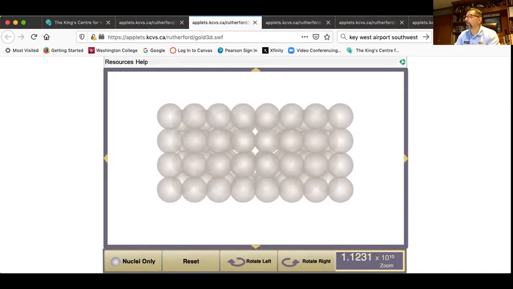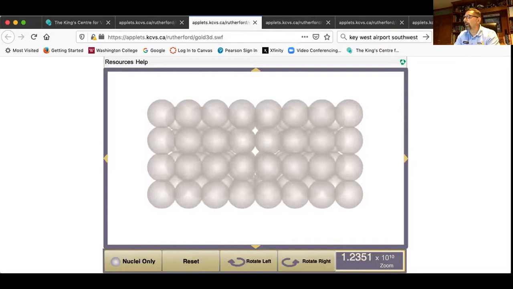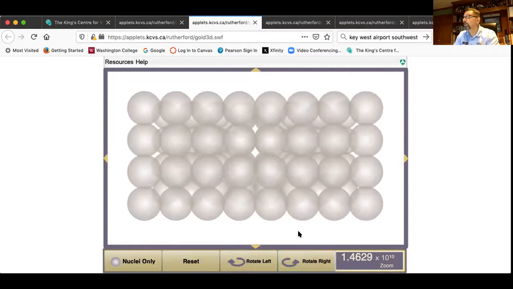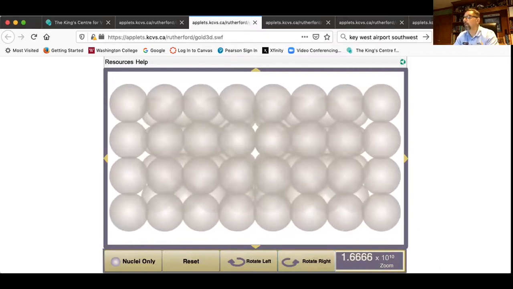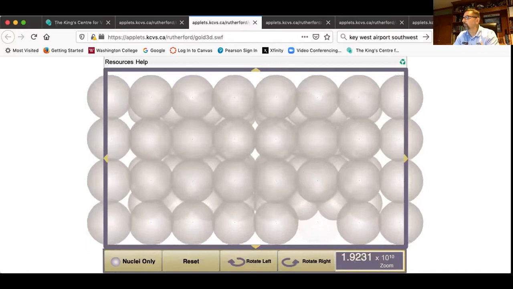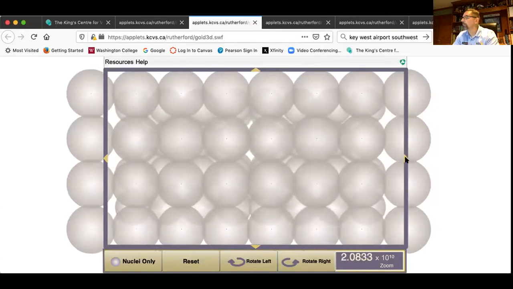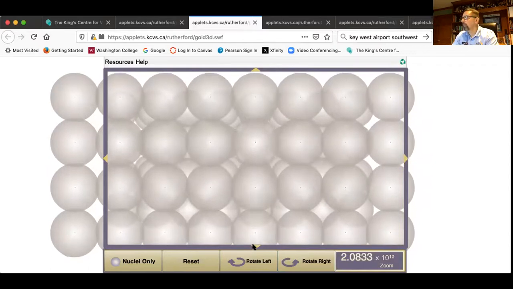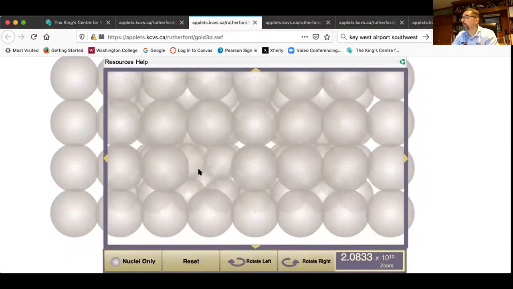Okay, so I'm zooming in on one of the atoms, and right about now, you may start to notice these dots right in here. Those dots are the nucleus drawn to scale. And we can zoom in on one of the atoms. If I can put it at the center of the screen, wrong way. And that's probably pretty good.